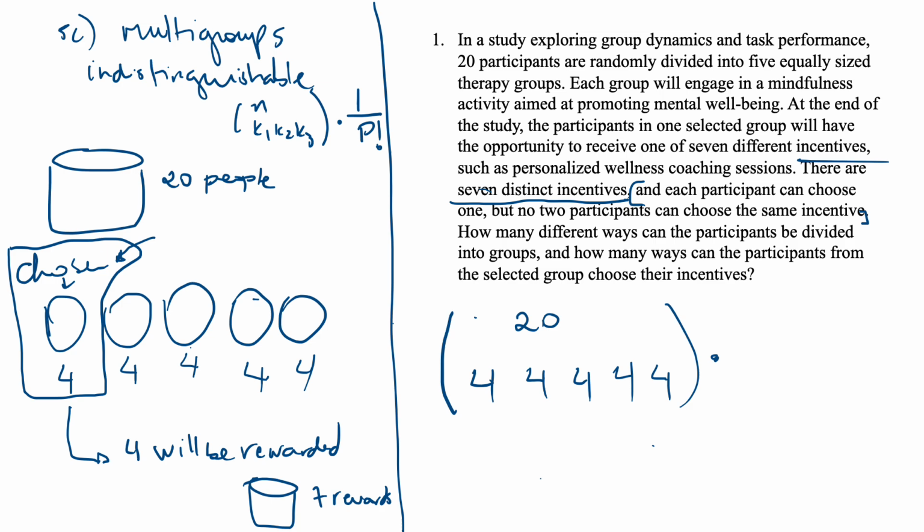Yes. How can I correct? I will multiply by 1 over the factorial of the number of repetitions of that group, right? So this group repeats, you can't tell them apart, 4 times. So this is the p factorial here. It's 1 over 4 factorial.